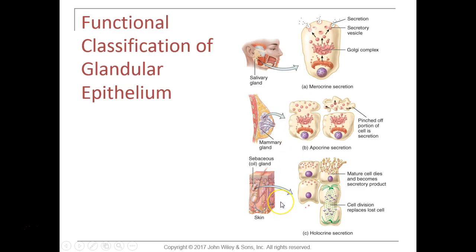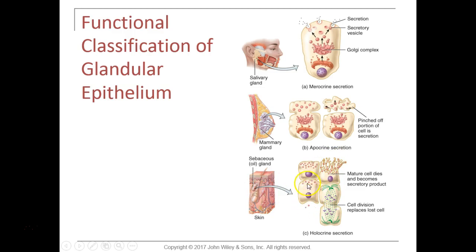Now, the last type of secretory process is called holocrine secretion. Holocrine secretion is achieved by certain types of sebaceous or oil glands in the body. So here they show the skin. Here the cells ultimately divide over and over and over from the base of the gland, basically cloning themselves via mitosis, rapid cell division. And then as the cells are dividing, they get pushed upward through the layers of this multicelled gland.